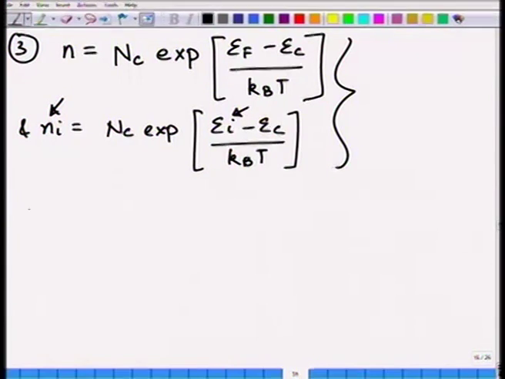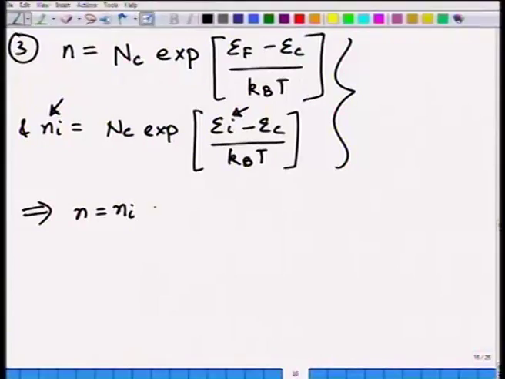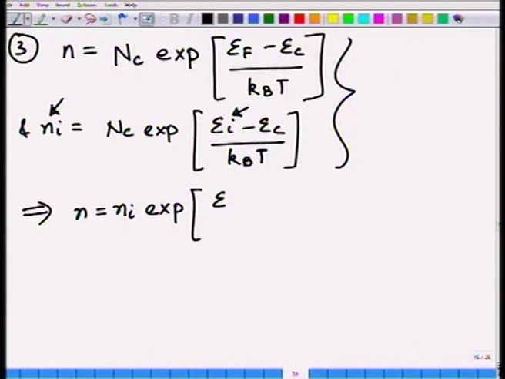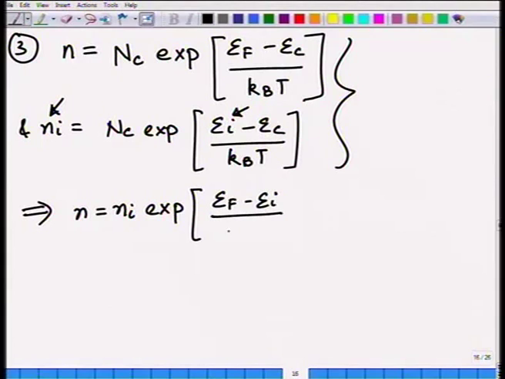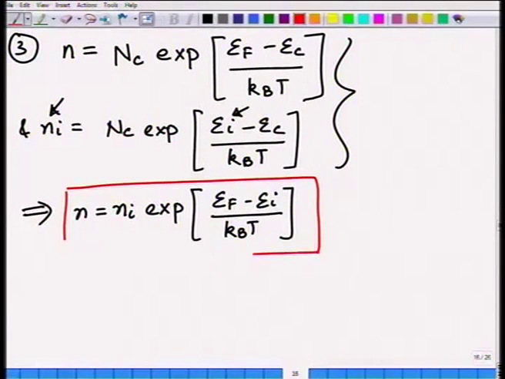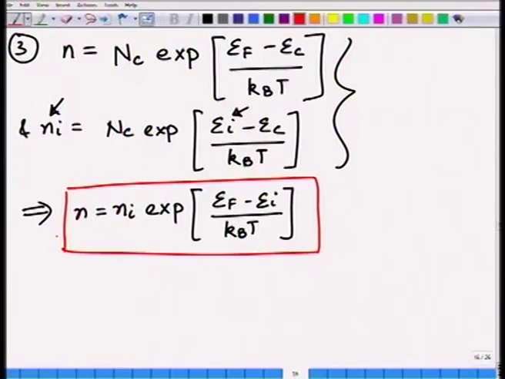These two equations imply that, using these two equations, you can write N equal to Ni times e to the power Ef minus Ei by kBT, in general. Instead of Nc, I can write it in reference to Ni.